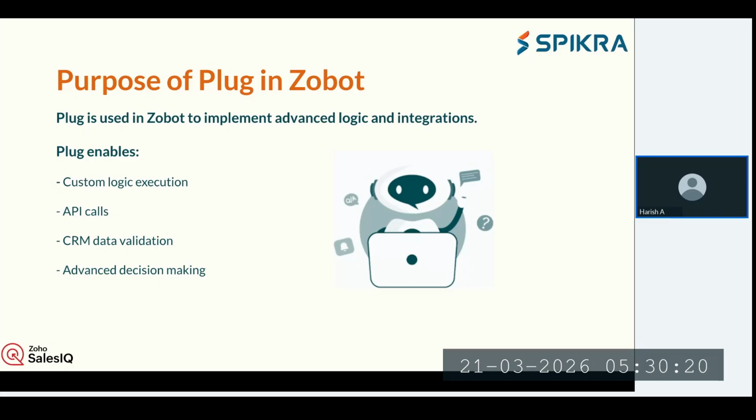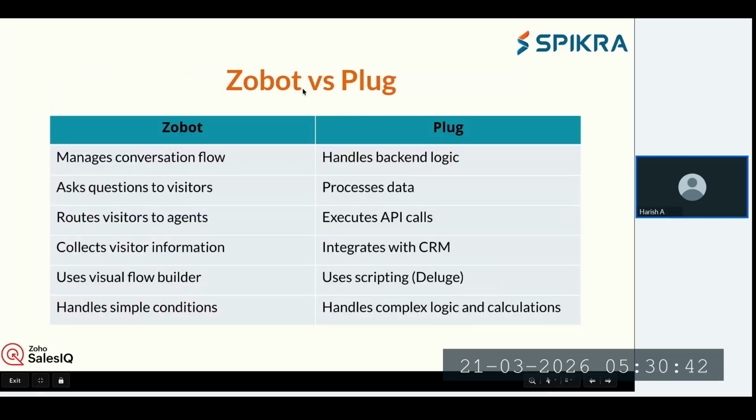We send the parameter from the ZOBOT to the plug, then we process the information, then we return the answer from the plug, so the ZOBOT gets the value from the plug. So this was the difference. ZOBOT mainly manages the conversation with the visitors.